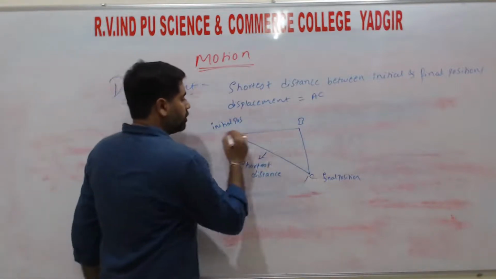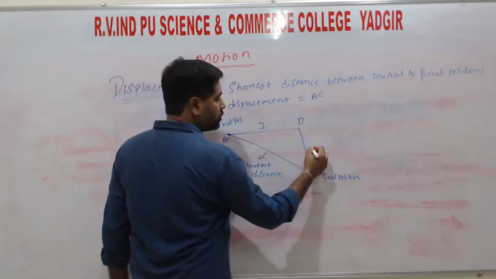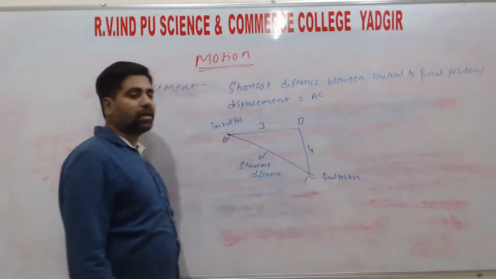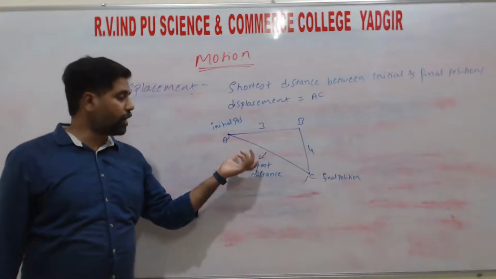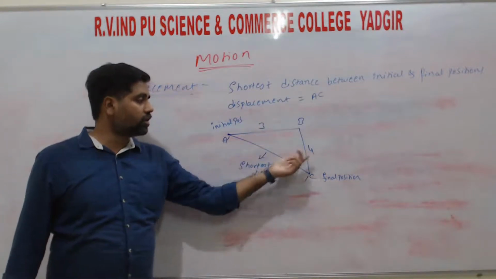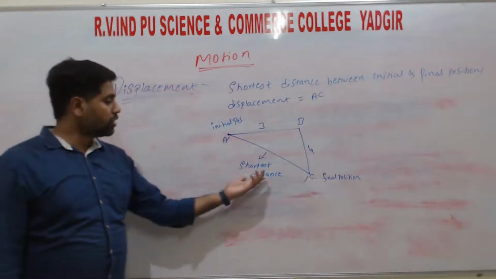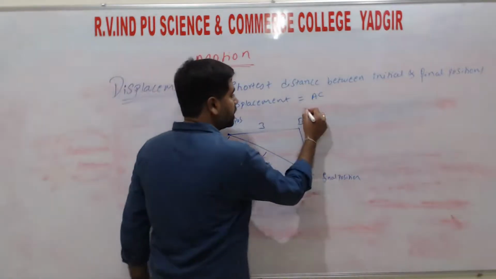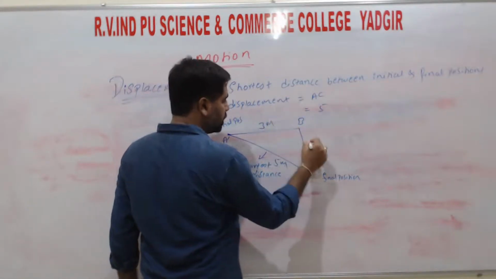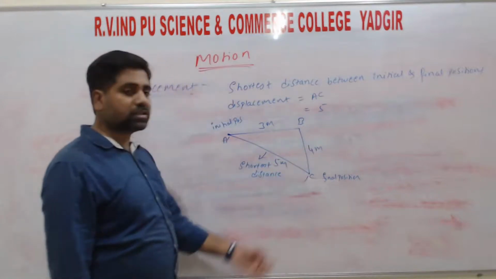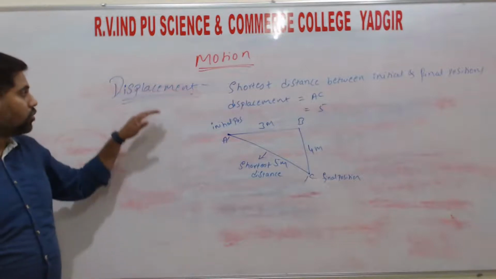So if the distance covered by an object from A to B is 3, then from B to C is 4, it is in the triangle form. So by applying the Pythagoras theorem, square root of 3 square plus 4 square, that is 9 plus 16, 25. So the shortest distance is how much? That is 5, right? So here 5 meter, 3 meter, 4 meter. Then shortest distance is 5 meter, right? So this is about the displacement.